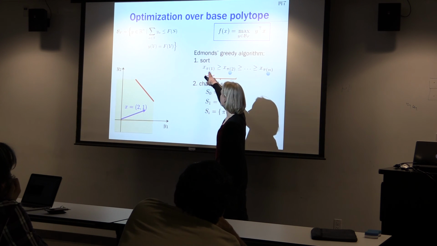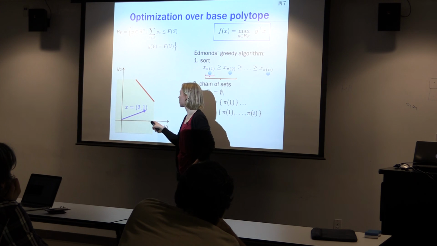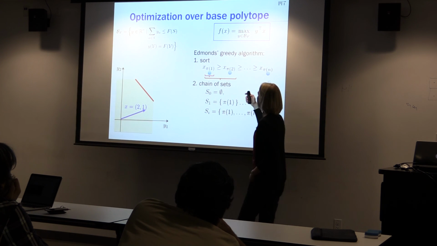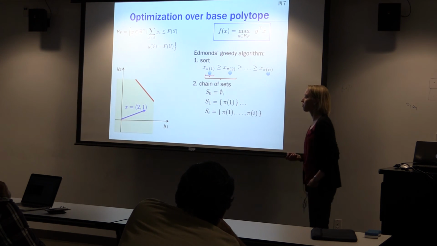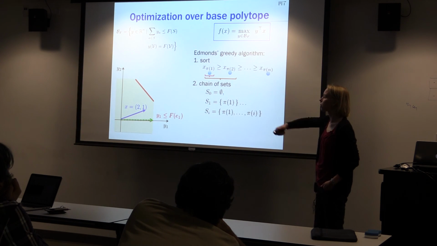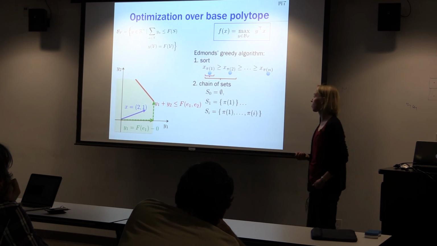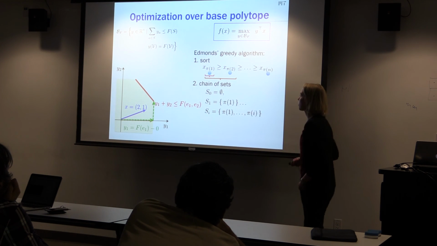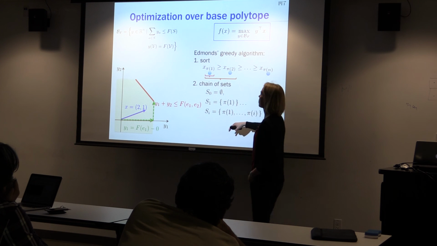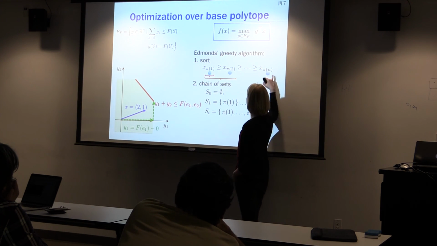So you make y as large as possible where x is large, for example in this coordinate. You go and satisfy the constraints coordinate by coordinate. You go as far as possible in the most important coordinate, then increase the second coordinate as much as possible, and so on. What this corresponds to is a chain of sets: the first largest element, the first two largest ones, and so on.